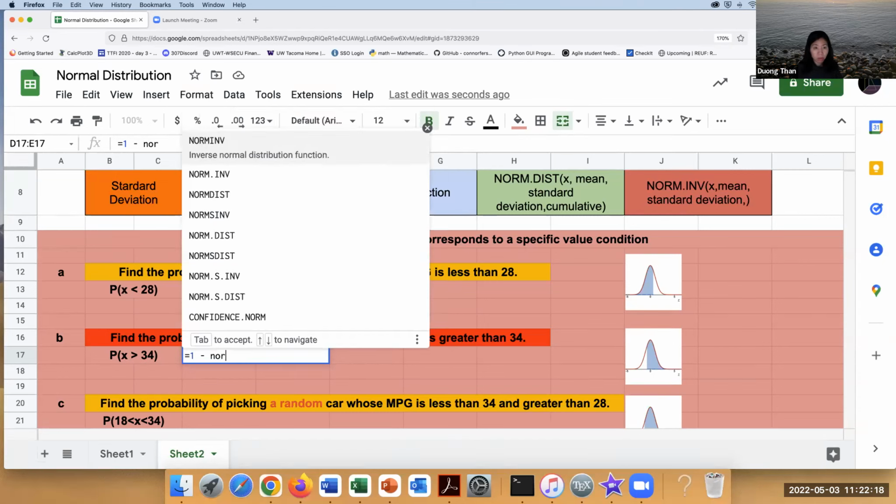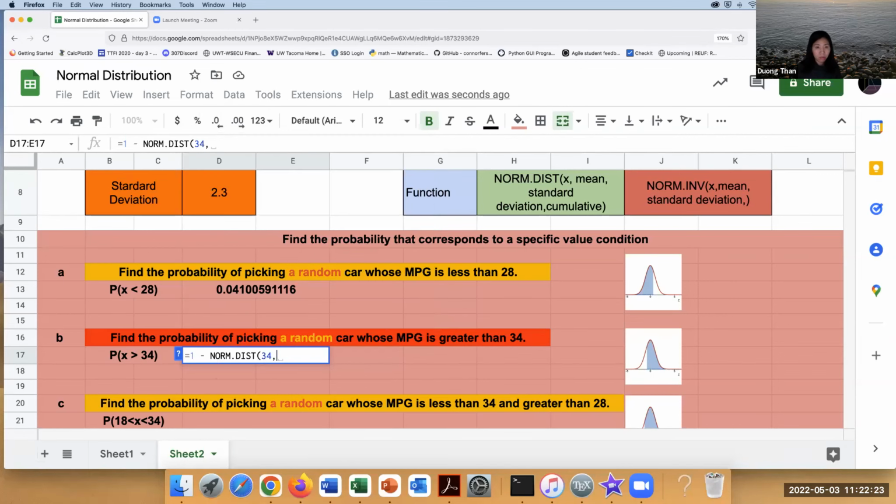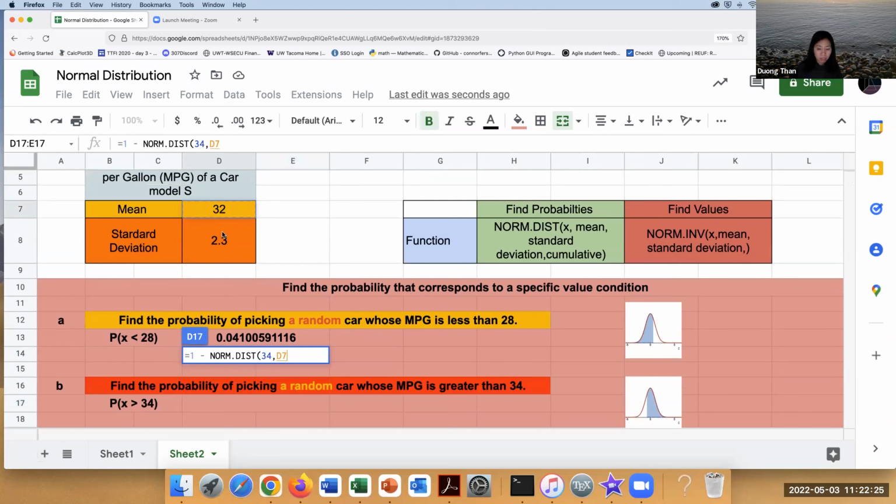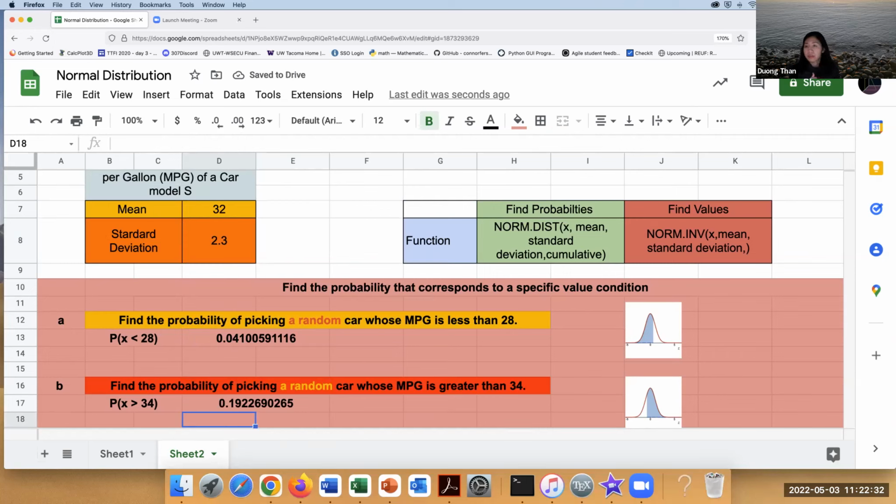So I can just do 1 minus NORM.DIST, and I pick 34, use the mean, standard deviation, and true. That will give you an answer of about 19.23% of the time in which you pick a car of this model whose MPG is greater than 34. About 4% up here, about 20% down here. All right.